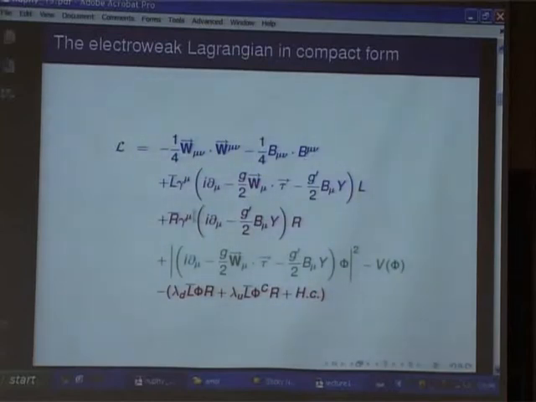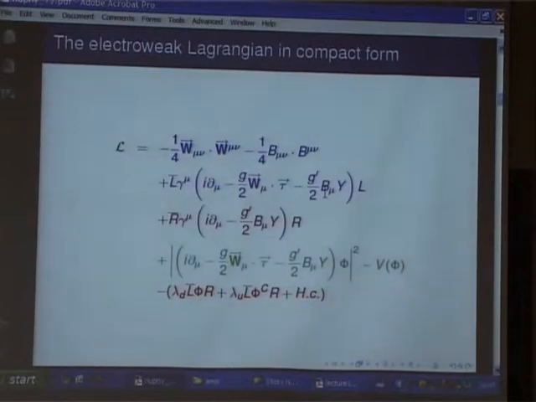Now there are these W's and B's. Just like electromagnetism, it's also a U1 gauge theory. So for any gauge theory, there will be a gauge boson. Gauge bosons mediate these forces.